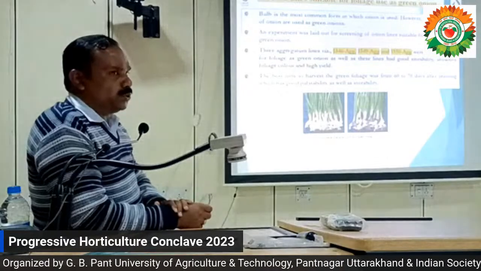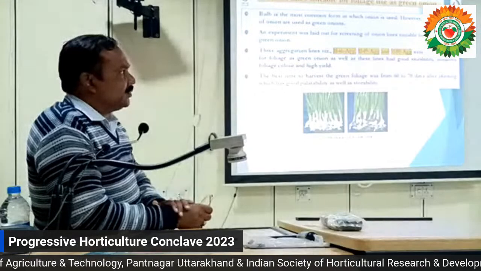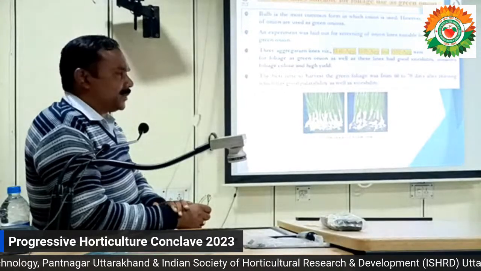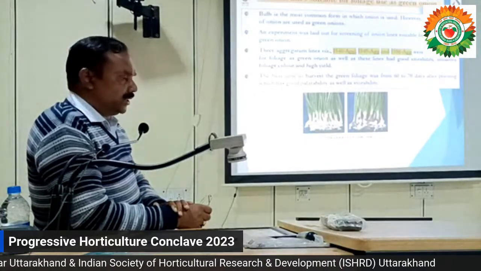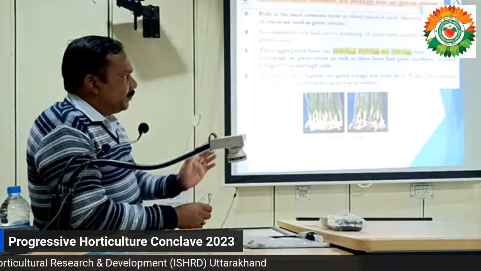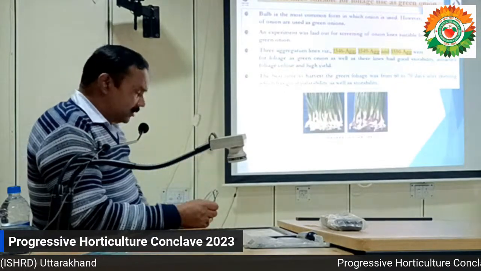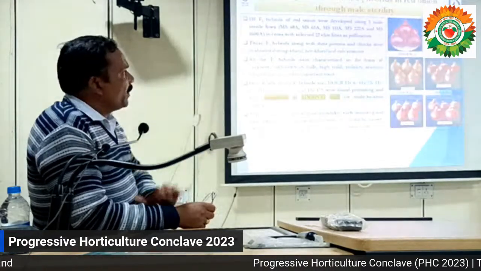Generally, the bulb is used for consumption, but immature tops are also used as a green vegetable. So we have identified 3 multiplier onions, of the aggregatum type, which are suitable for green use.